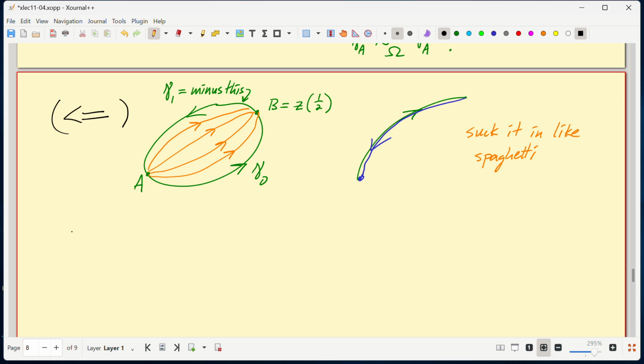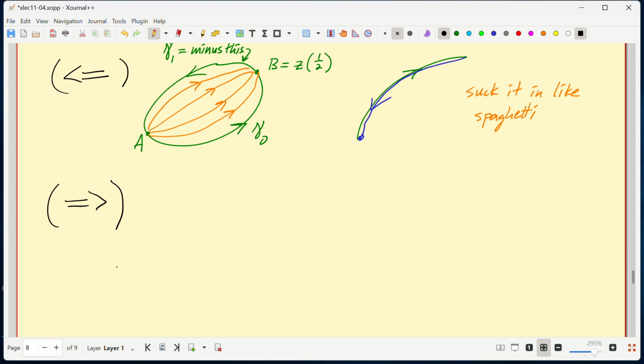For fun. Let's see, was I going to draw a picture? Let's draw a picture, why not? So I've got a simply connected domain, which means the closed curve homotopy exists. So if I had two curves, here's my gamma naught, here's my gamma 1.